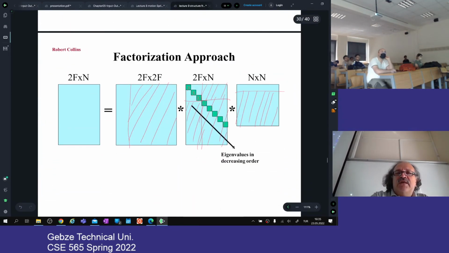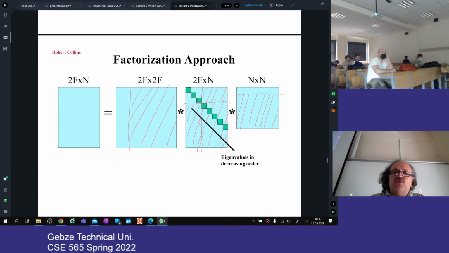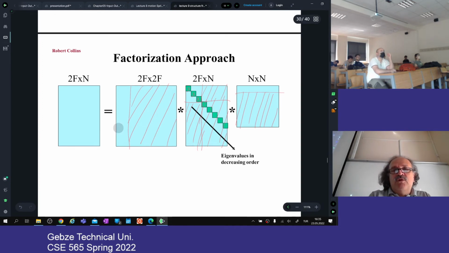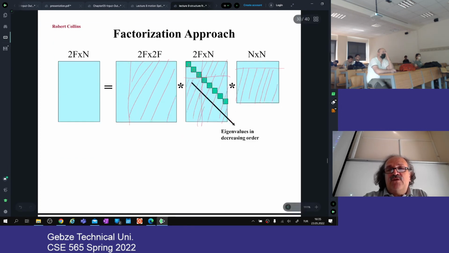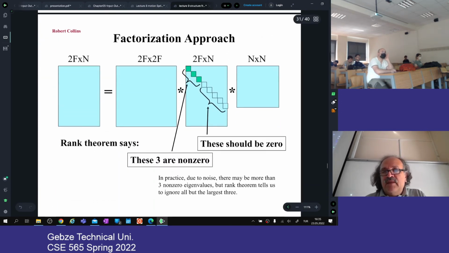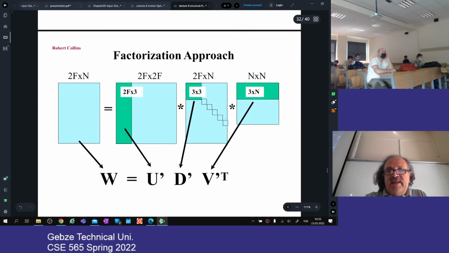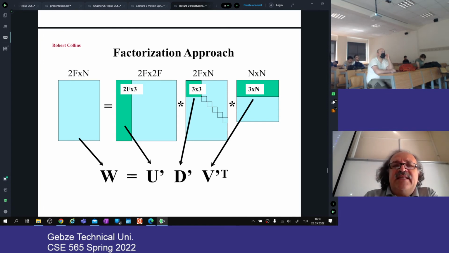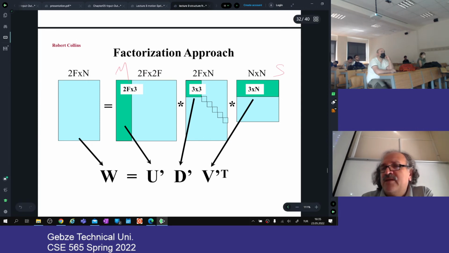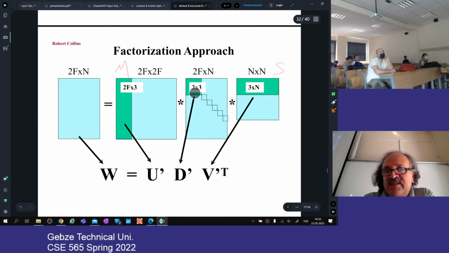You can decompose your matrix into this U, D, and V. U could be this, V could be this, but how about these three numbers? Only this part is relevant. I cannot say that this is my motion vectors and this is my structure vectors, because there is this 3 by 3 matrix in front.